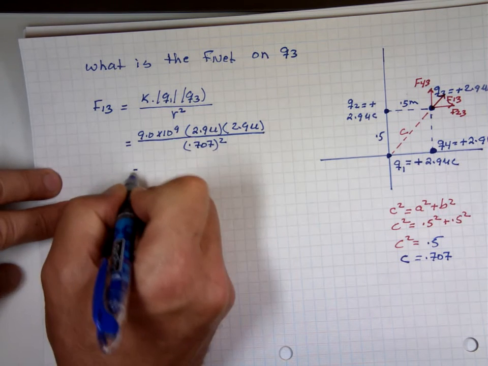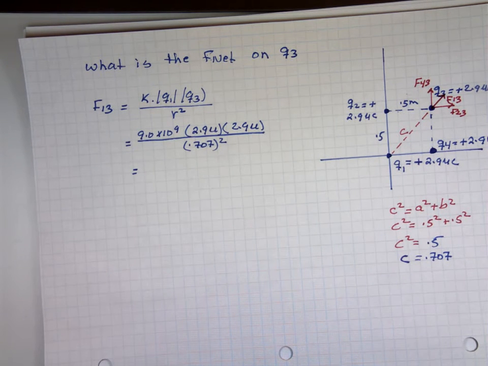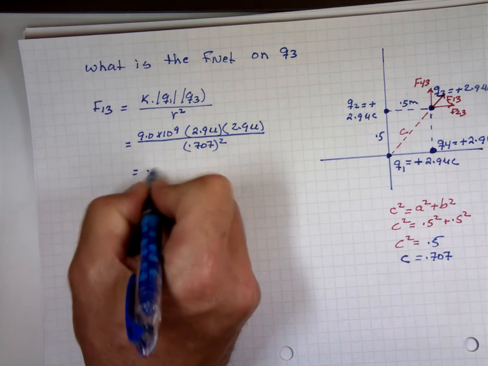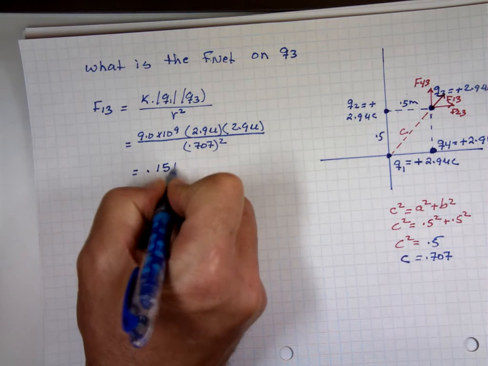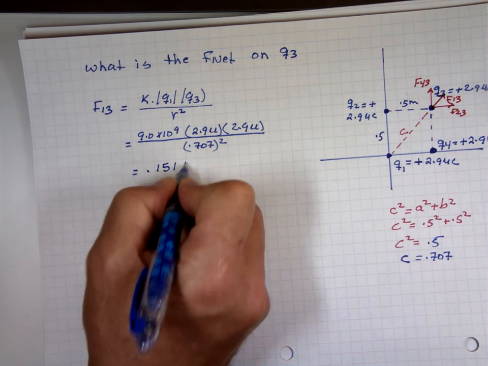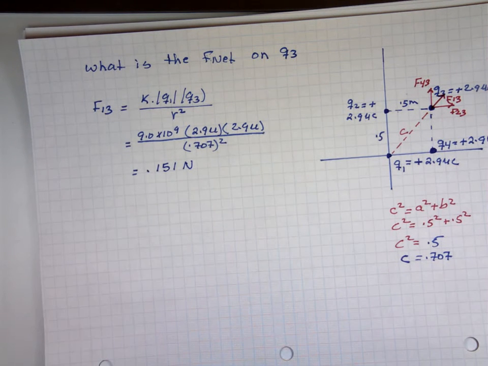So 9.0 e to the 9 times 2.9 e to the negative 6 squared, divided by that, is 0.15138 Newton. So I'll go 3 decimal places.